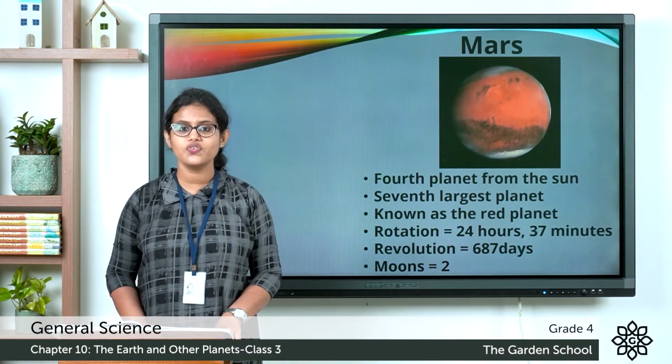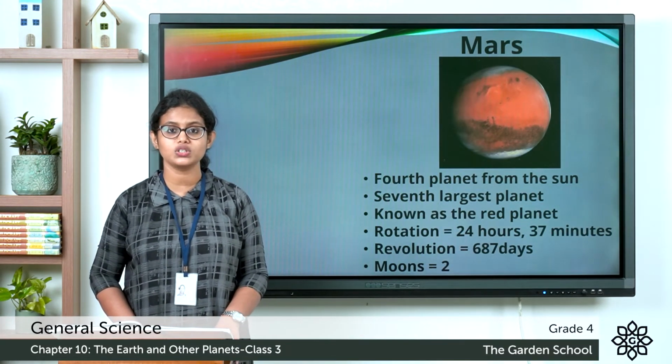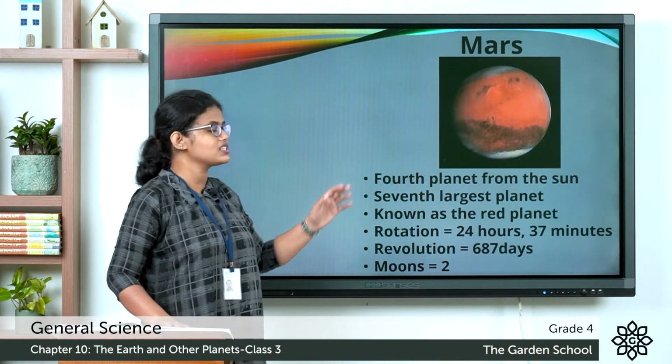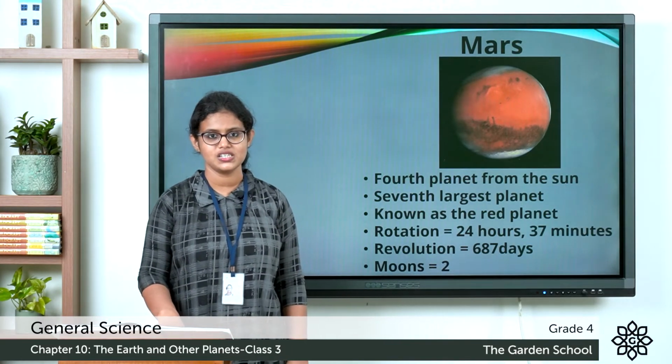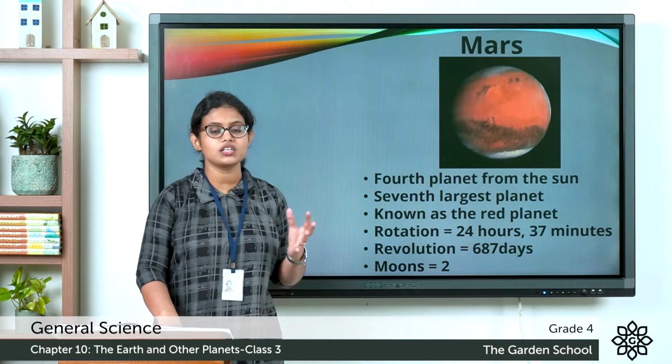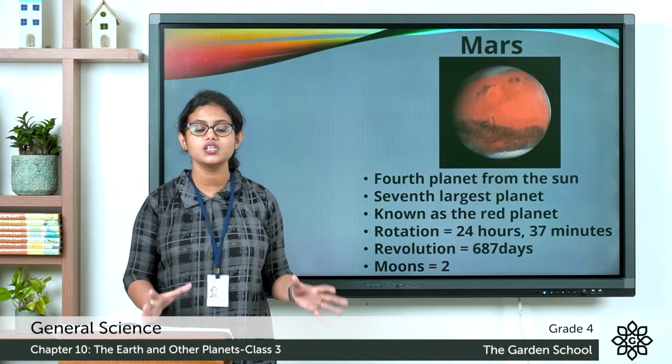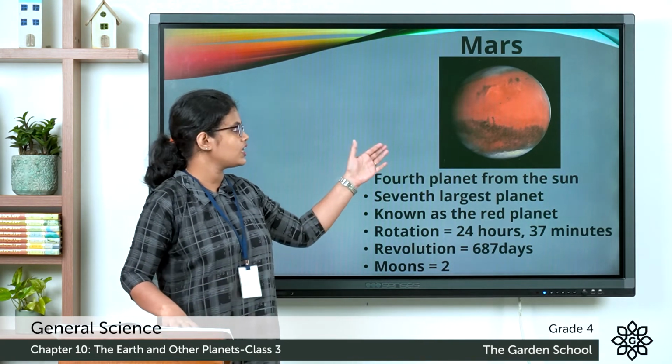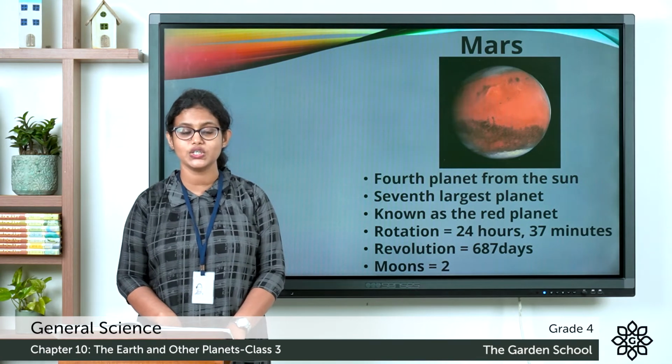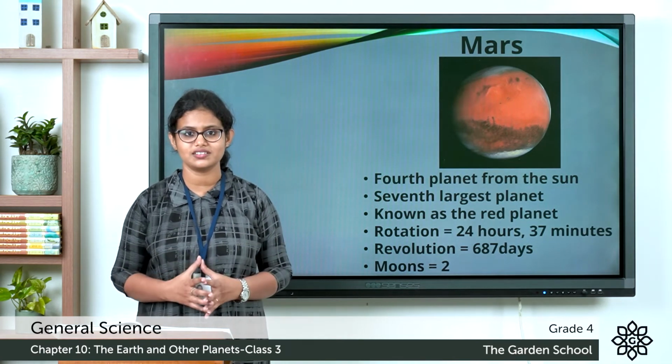Coming to the 4th planet. Which is the 4th planet from the sun? That is Mars. This is the 7th largest planet in our solar system. If you closely observe this picture, you can see it is red in color.